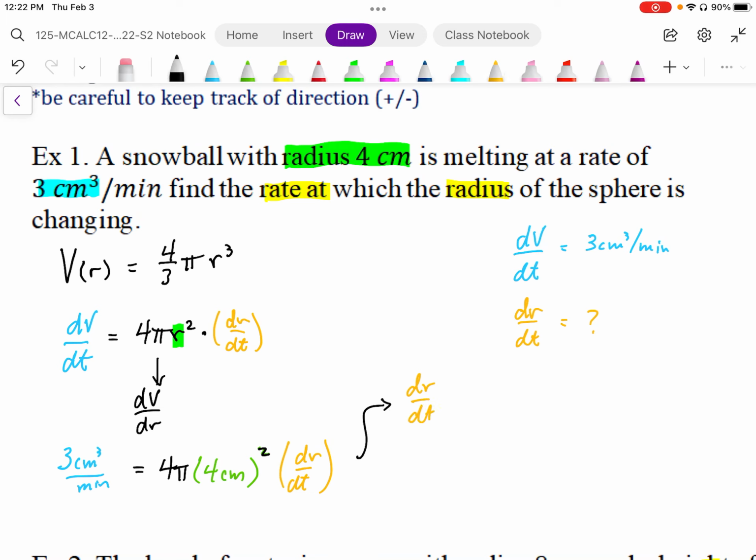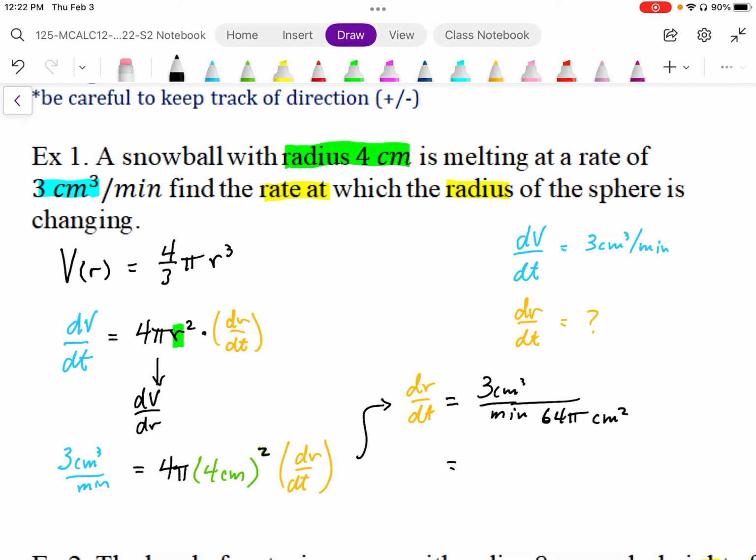Okay, so this is equal to, I'm going to take my 3 centimeters cubed per minute. I'm going to divide that by, it looks like 16 times 4 or 64 pi centimeters squared. Now you don't need to keep track of the units, but I'm doing that anyway because I want to show that the units are consistent.